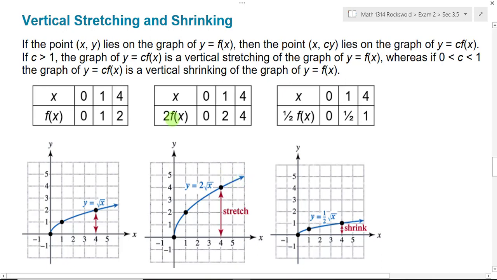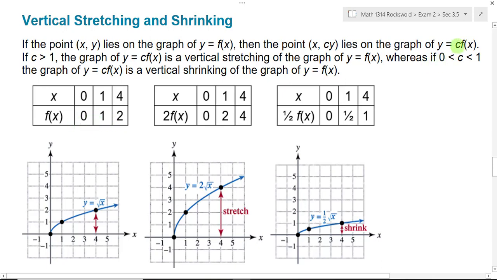So if that constant outside the parent function is bigger than 1, it's a vertical stretch, meaning your graph will be taller and skinnier. If that number is a proper fraction between 0 and 1, we see a compression or a shrink. So our x values stay the same, but the y values are now half of what they were on the parent function.